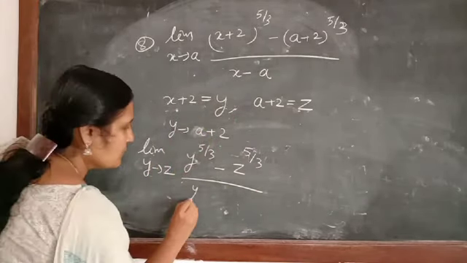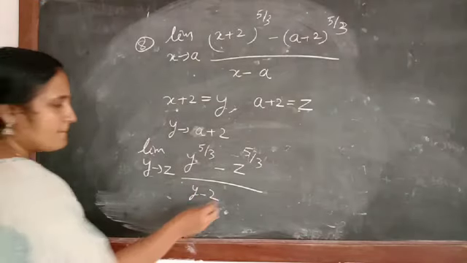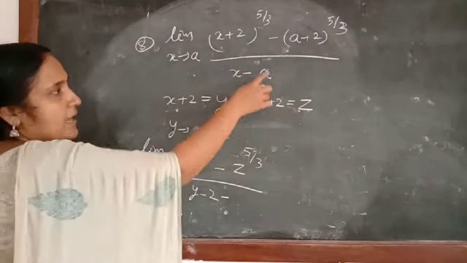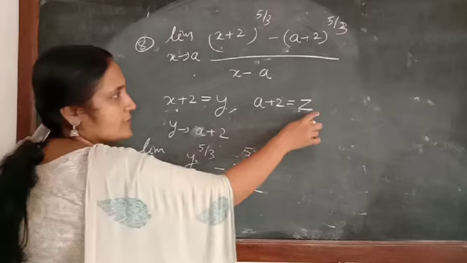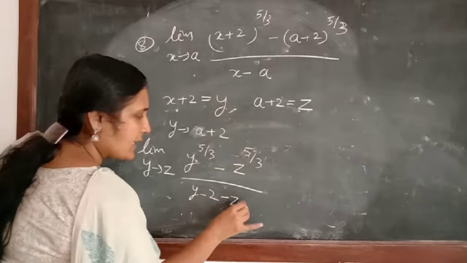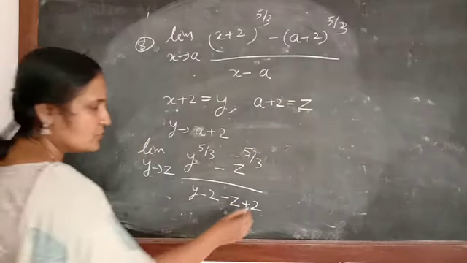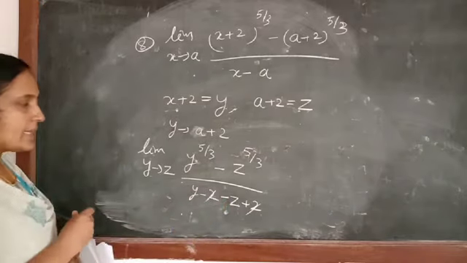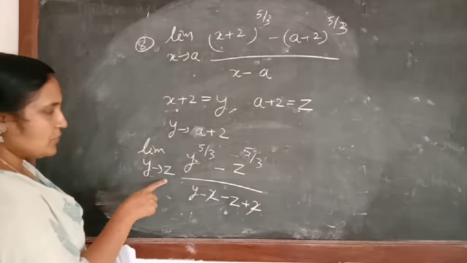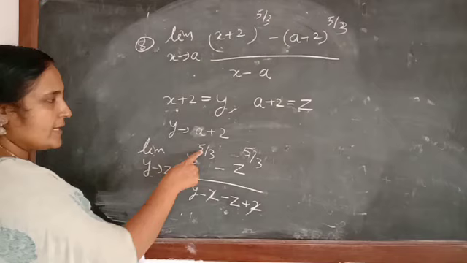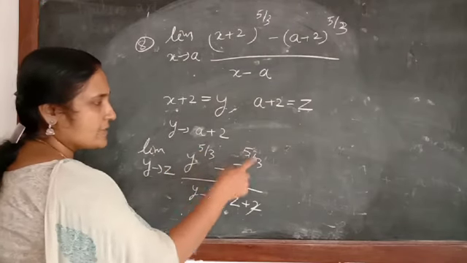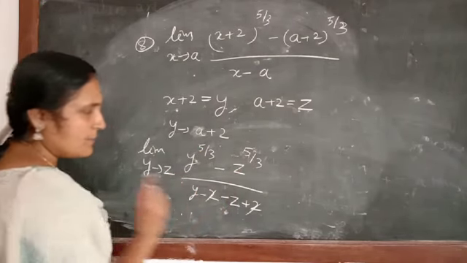Y minus 2. Y minus 2 minus, in place of a what will come? Z minus 2, and since minus is there we can write minus z plus 2. So 2 and 2 will get cancelled here. So we are getting here limit y tends to z, y raised to 5 by 3 minus z raised to 5 by 3 by y minus z.